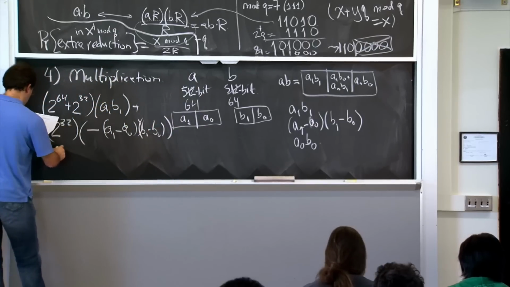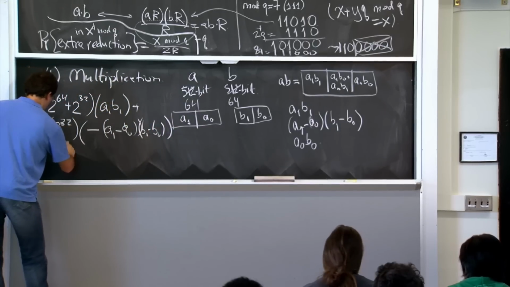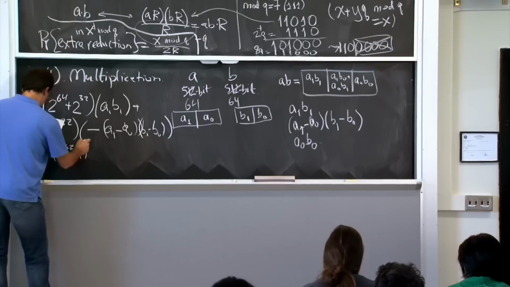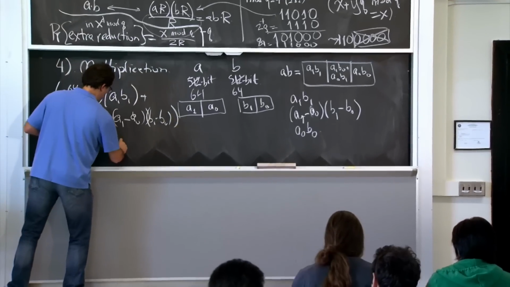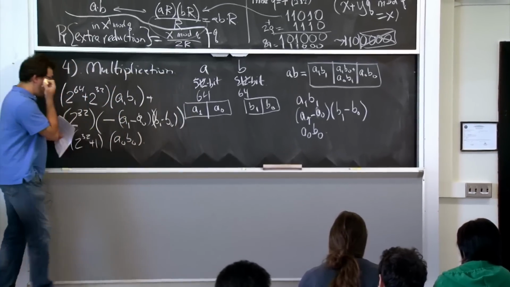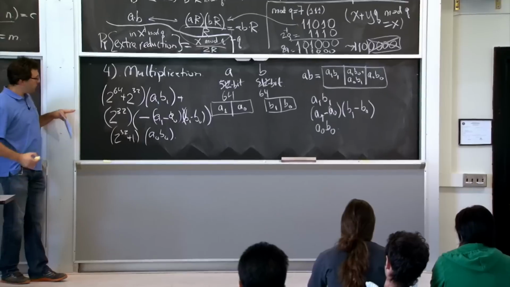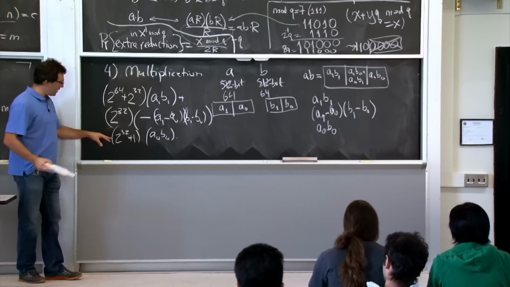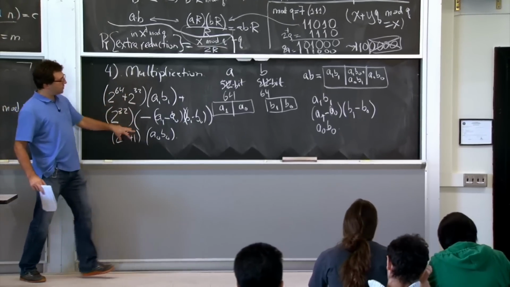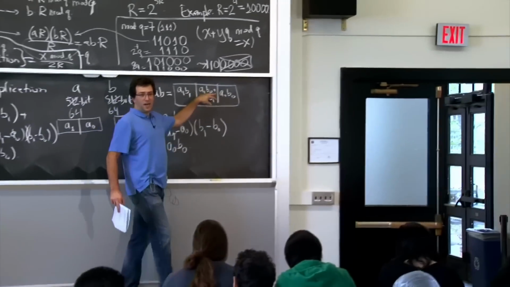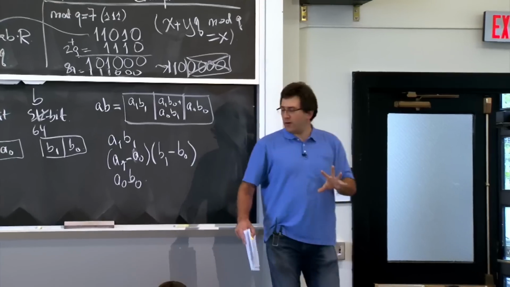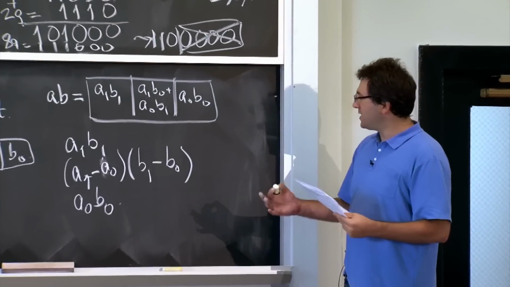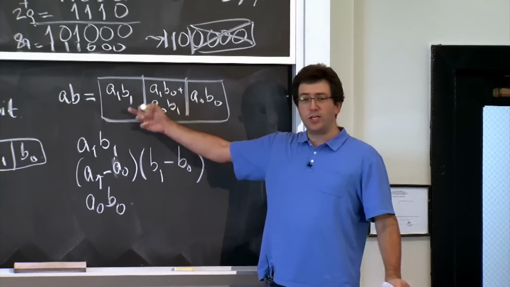And finally, we add (2 to the 32 plus 1) times A0, B0. It's a little messy, but if you work through the details, you'll convince yourself that this value is exactly the same as the earlier one. It's a little clever, but nonetheless, it saves you 1 multiplication.